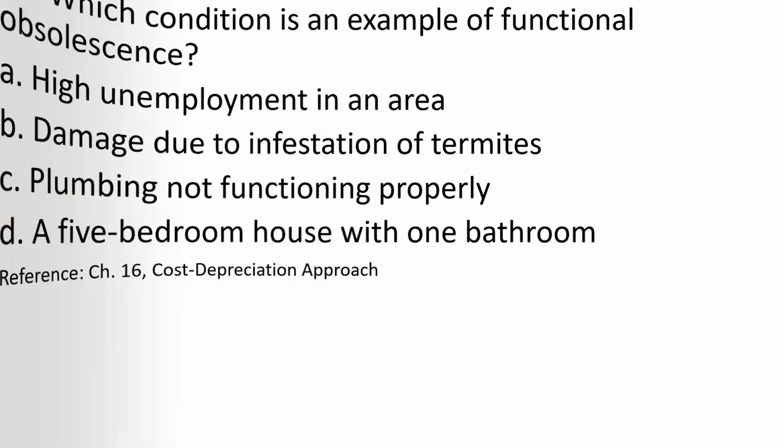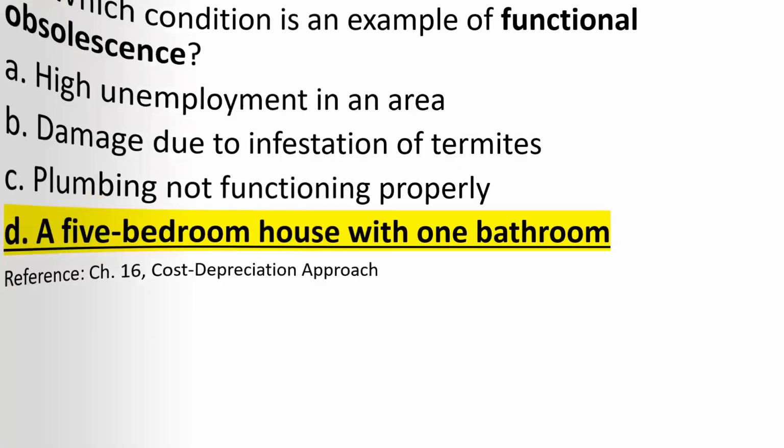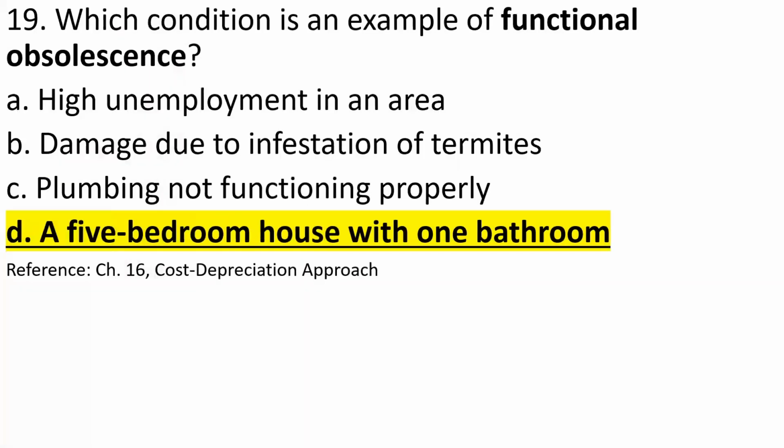Number 19, which condition is an example of functional obsolescence? I think I gave you that answer earlier. That would be, for example, a 5-bedroom house with 1 bathroom. Of all the answer choices, that is the only one that would meet that criteria.